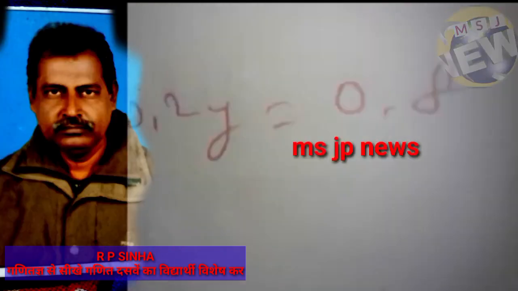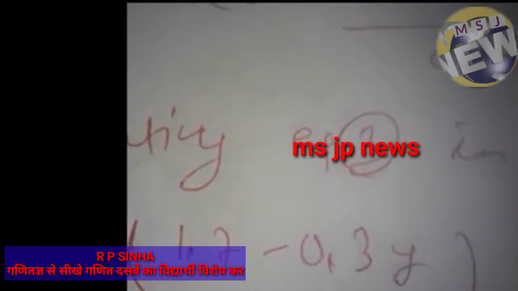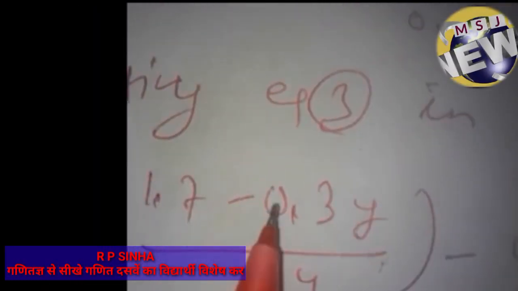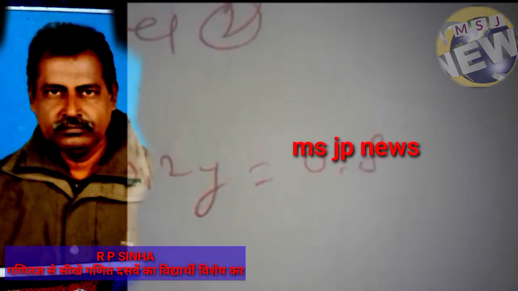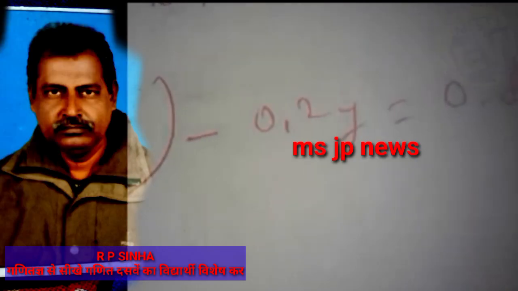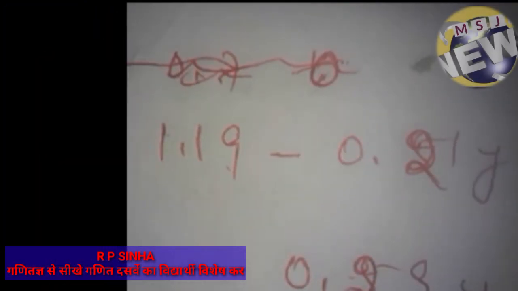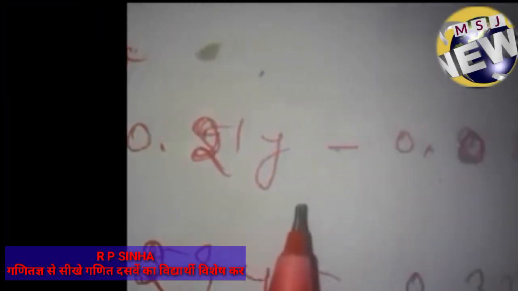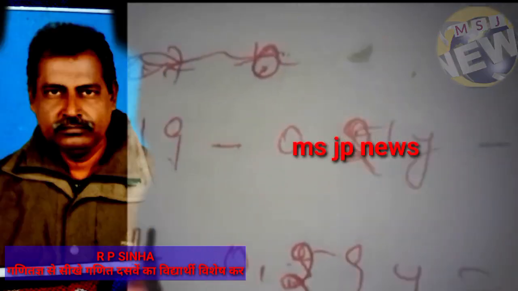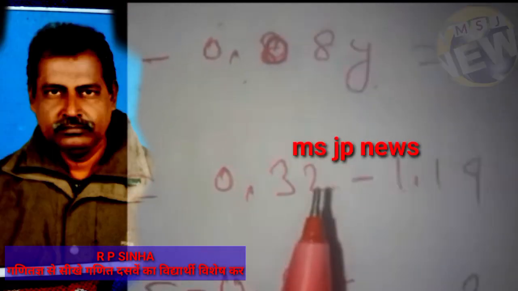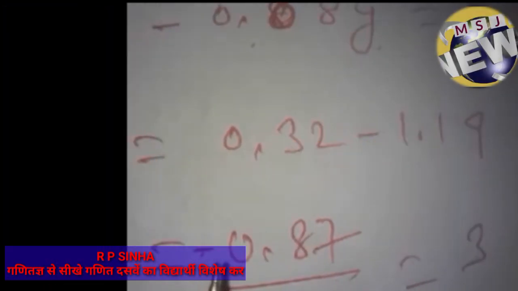When you simplify 0.7 into (1.7 minus 0.3y by 0.4) minus 0.2y is equal to 0.8, we get the simplified form 1.19 minus 0.21y minus 0.08y is equal to 0.32. Now we take this 1.19 to the RHS, it becomes minus 1.19, which gives us minus 0.87.